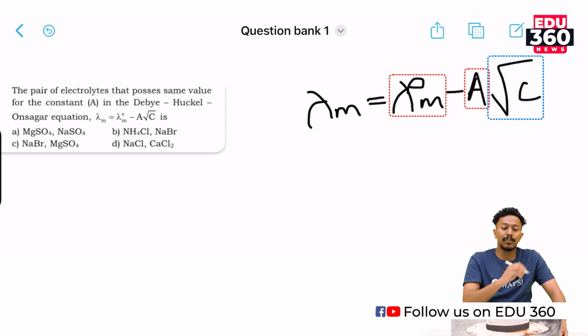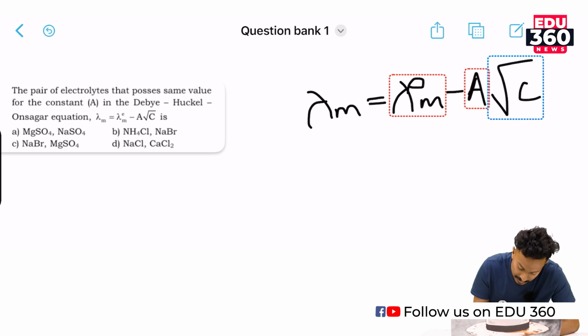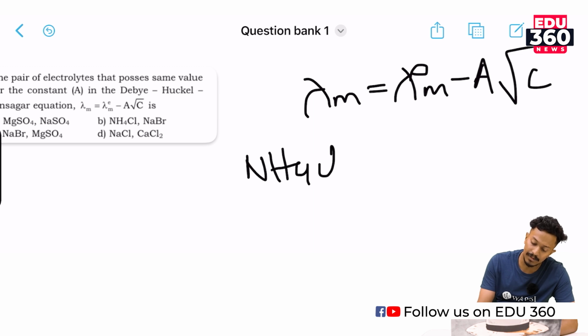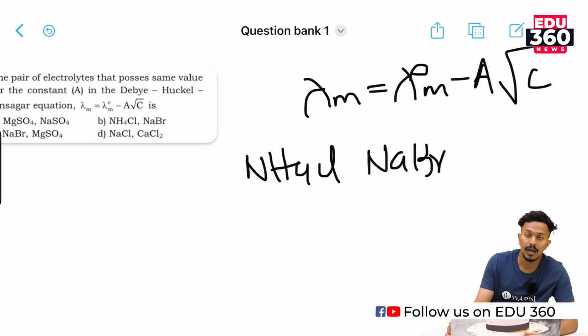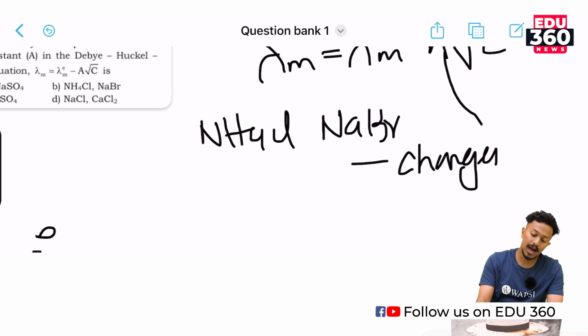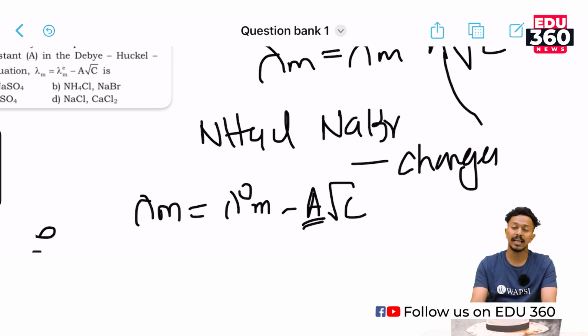So we are completely depending upon the number of ions present here. Since we will assume that in each case the solvents are the same, the factor is number of ions, okay. NH4Cl and NaBr have the same number of charges, okay. Hence this pair of electrolytes only have the same value of the constant A in the Debye-Huckel-Onsager equation, lambda m equals lambda naught m minus A root C. This A is the same for both NH4Cl and NaBr.